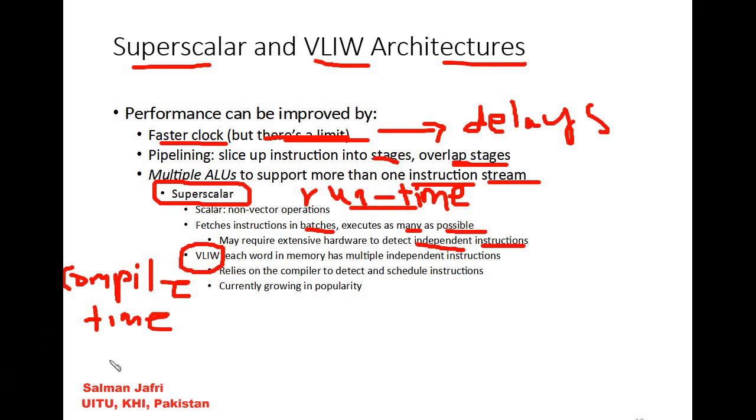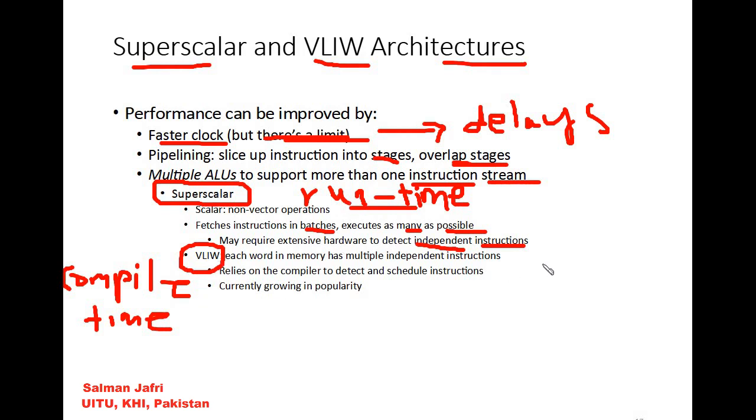So the compilation might take a little while longer to complete, but the result would be that minimal manipulation would be involved at runtime. So VLIW is basically a compile time approach to finding the parallel instructions and grouping them together, while superscalar is the runtime arrangement for making those kinds of decisions.